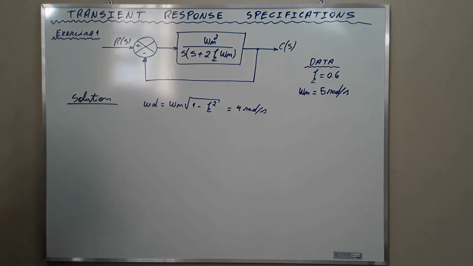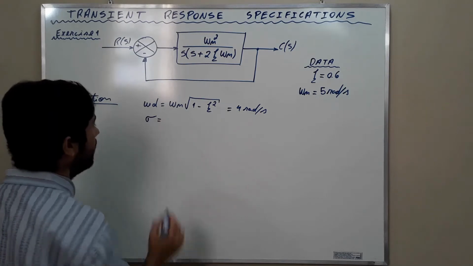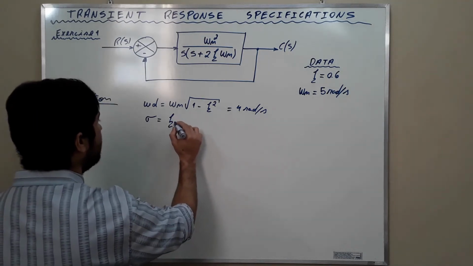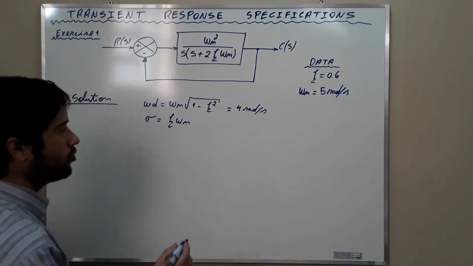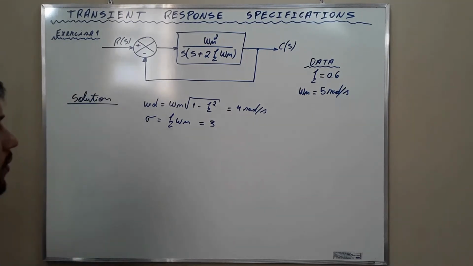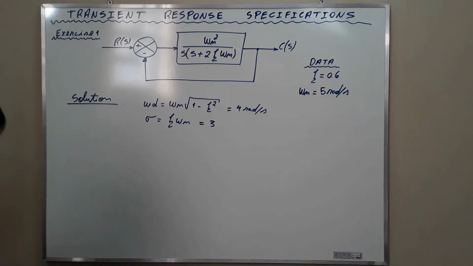Okay? Also, we find that sigma is equal to zeta Wn, which is equal to 3. Okay? We're going to need these values to calculate the following.